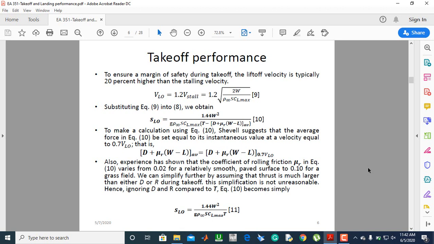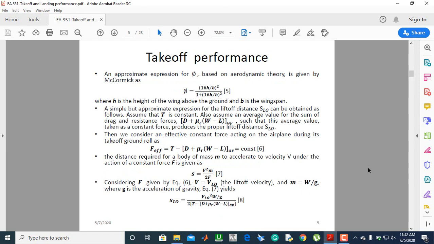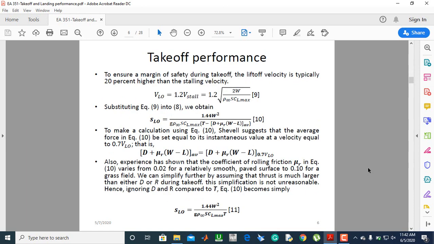And if you do that, you substitute VLO in the previous equation, equation 8, with equation 9, and you get equation 10. In equation 8, VLO was squared. So if you square equation 9, 1.2 will become 1.44.